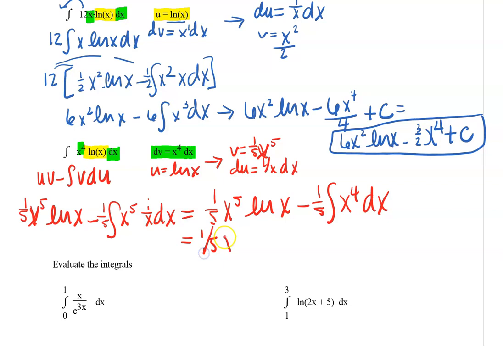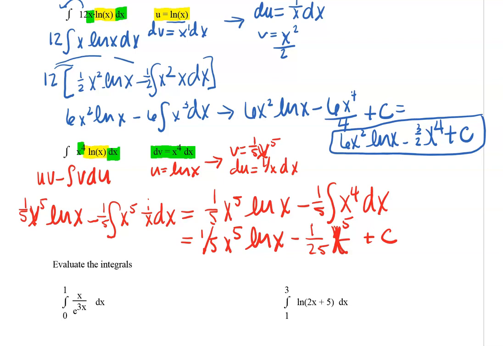So 1/5 x to the 5th ln x minus 1/5 x to the 5th over 5 plus c, and then I can combine those two together, and that would give me 1 over 25 x to the 5th.